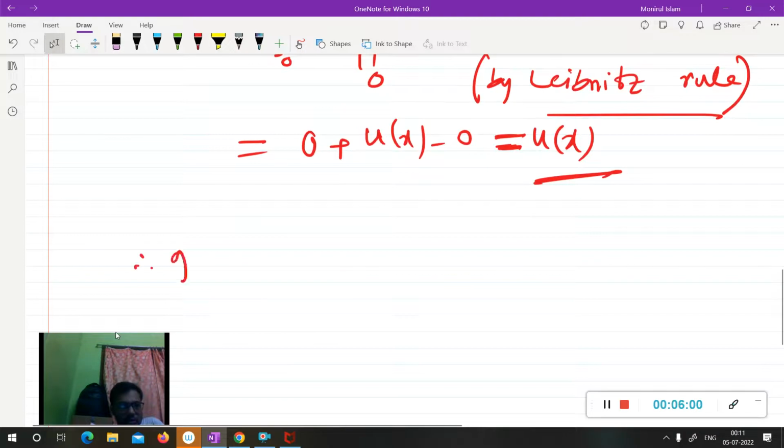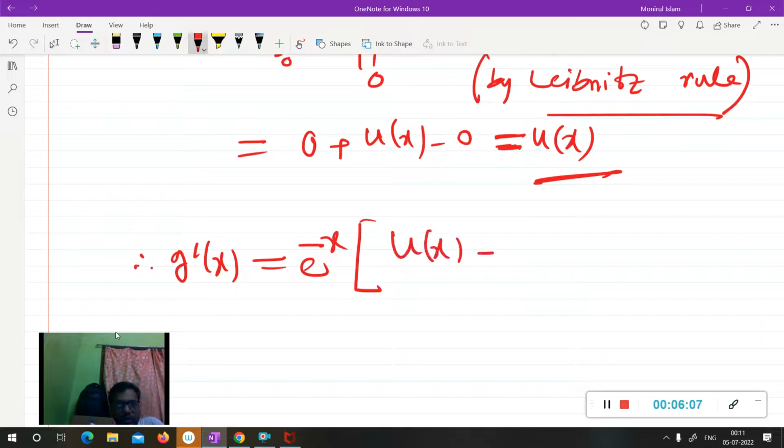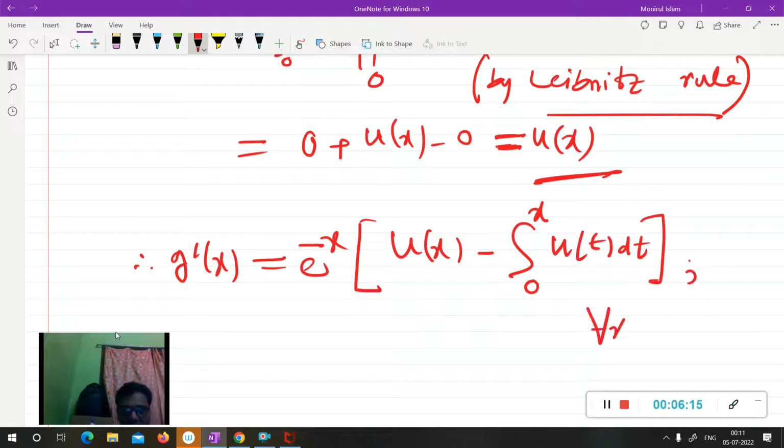Therefore g dash x will be e to the power minus x, okay, [u(x) minus integral 0 to x u(t) dt], and this is true for all x belongs to closed [0,1]. Now we know e to the power x is an increasing function, a positive function.